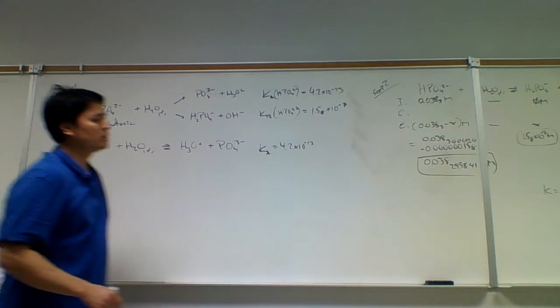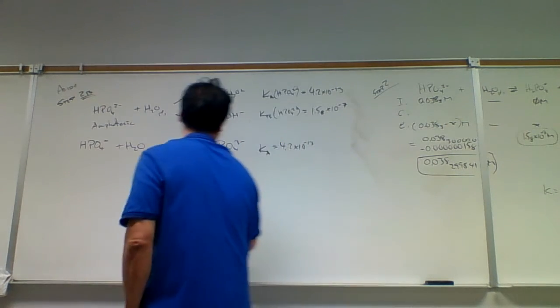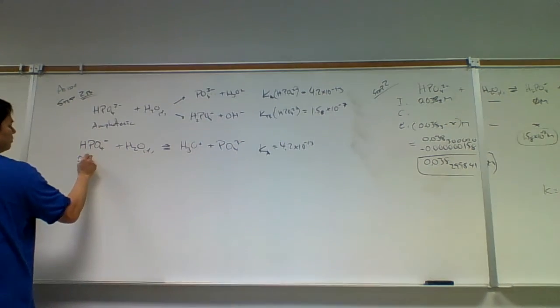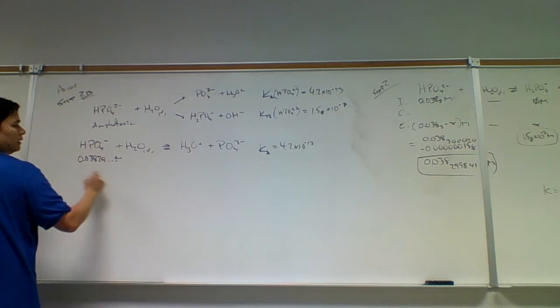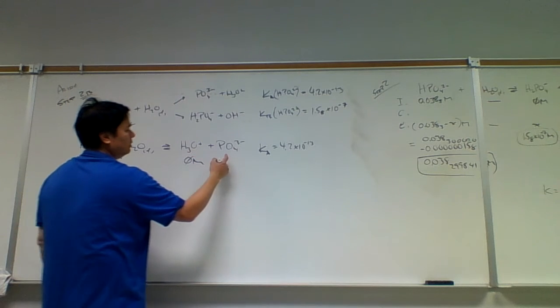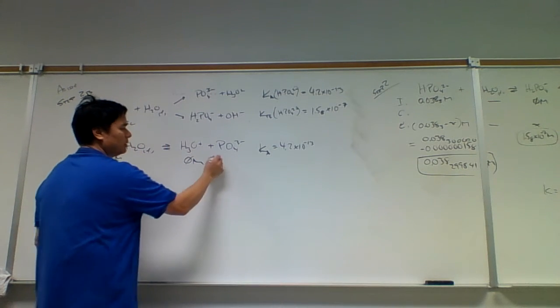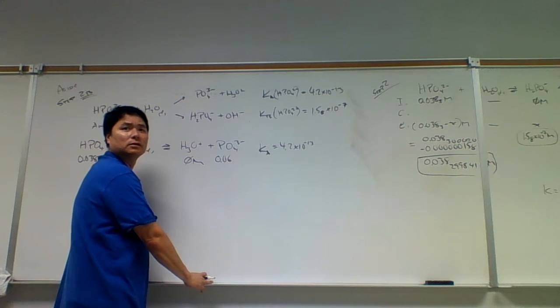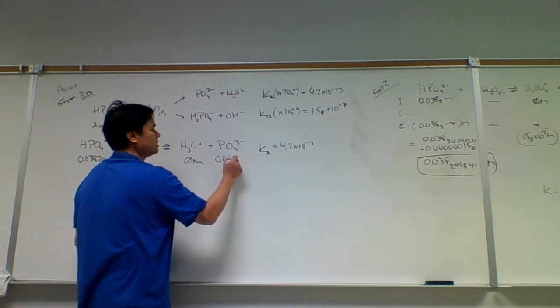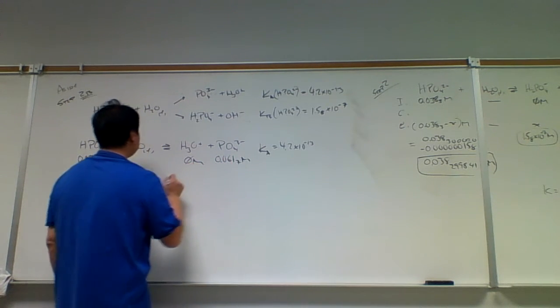And so what I'm going to do is take this concentration, 0.03829 molar. And then the hydronium should be 0. And the phosphate, what was the phosphate from earlier? It was 0.06, step 1, 1.7 molar.